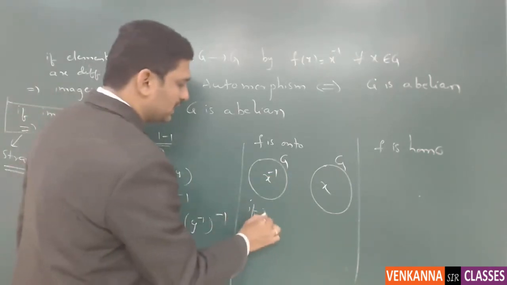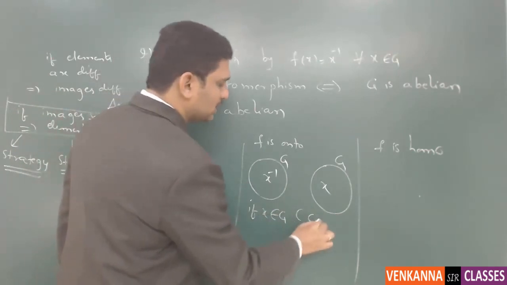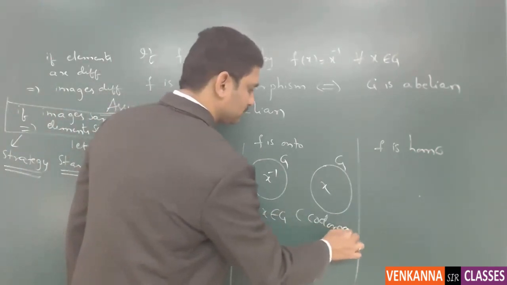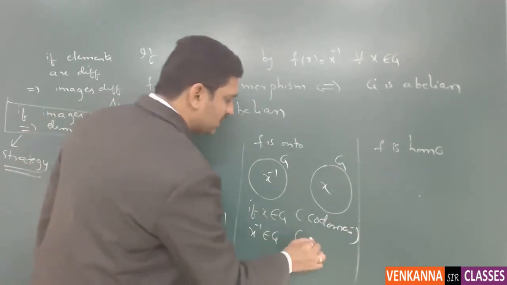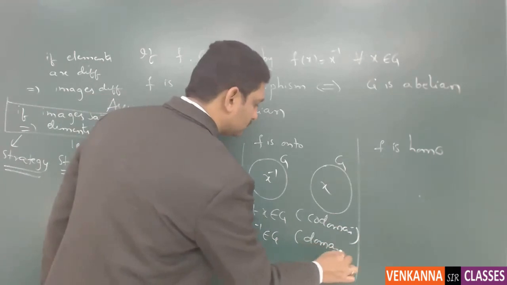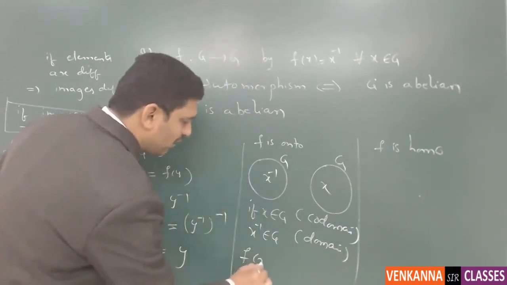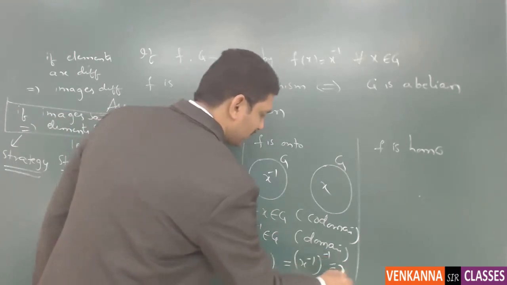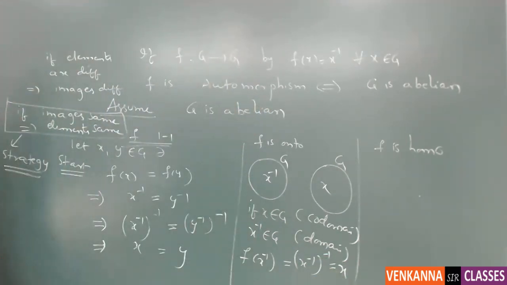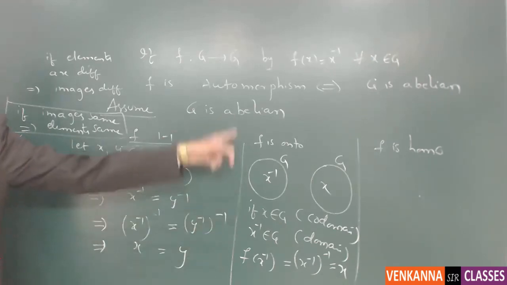So if X belongs to G, that is the codomain, then X inverse belongs to G, which is in the domain. Considering f of X inverse, from the definition it is X inverse whole inverse, nothing but X. Therefore, f becomes onto.